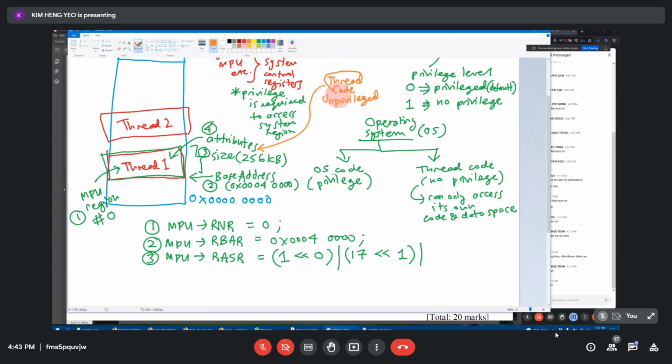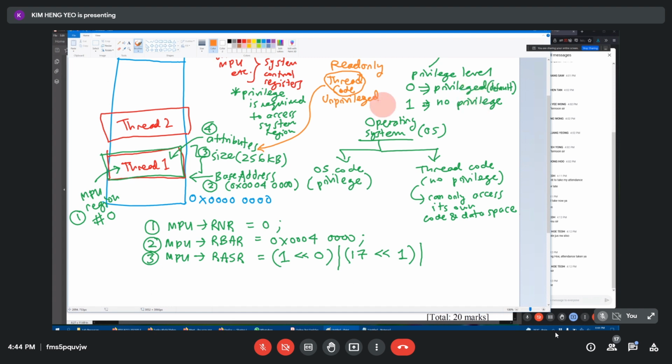Thread code means that it is read only. Read only means you can only read, you cannot write, because it's code and you cannot change it. Unprivileged means full access, because privileged means only privileged can access.